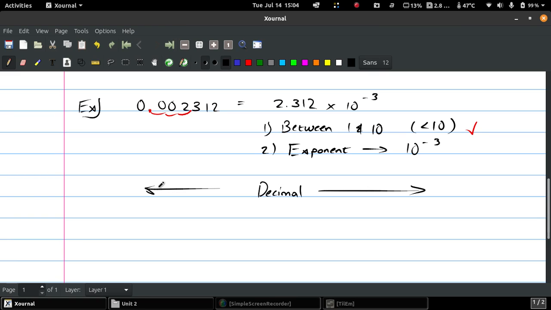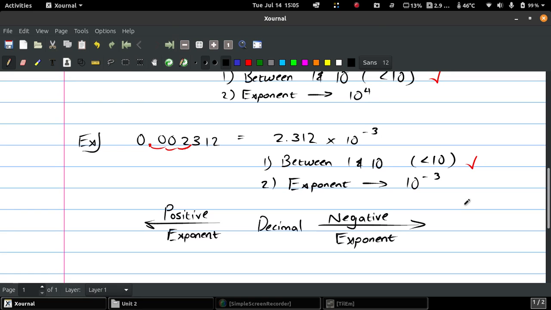So if the decimal moves to the left, then we have a positive exponent. If the decimal moves to the right, we have a negative exponent. That's just kind of a little trick to keep you from having to type this in your calculator to figure it out.